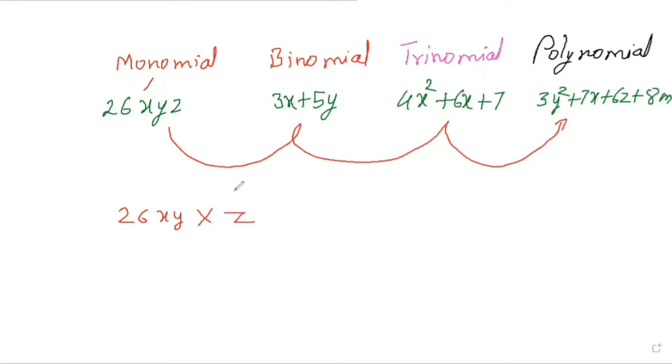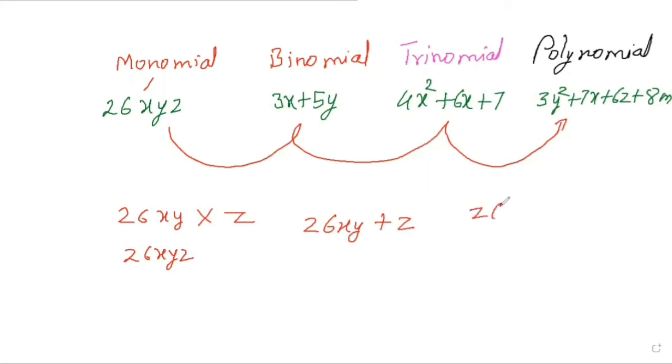Is this a monomial or a binomial? When it is multiplied, it actually becomes 26xyz, so this is again a monomial. But if I write 26xy plus z, this plus becomes a separator. So this has now two terms, and this becomes a binomial.